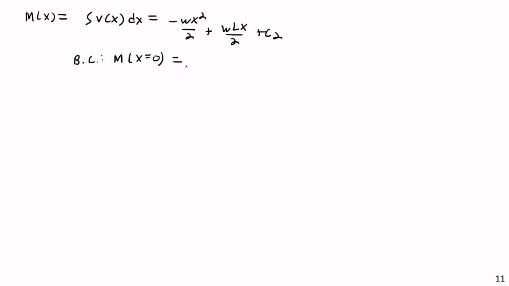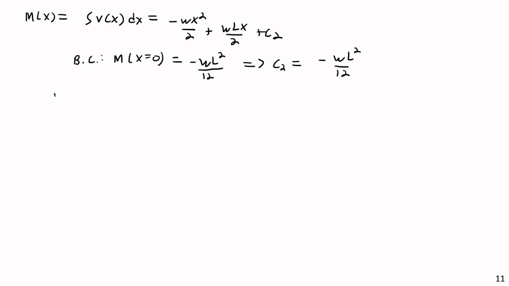So that would be not positive, but negative WL squared over 12. So plugging 0 into this for our moment, we clearly see that C2 is just going to be equal to negative WL squared divided by 12.